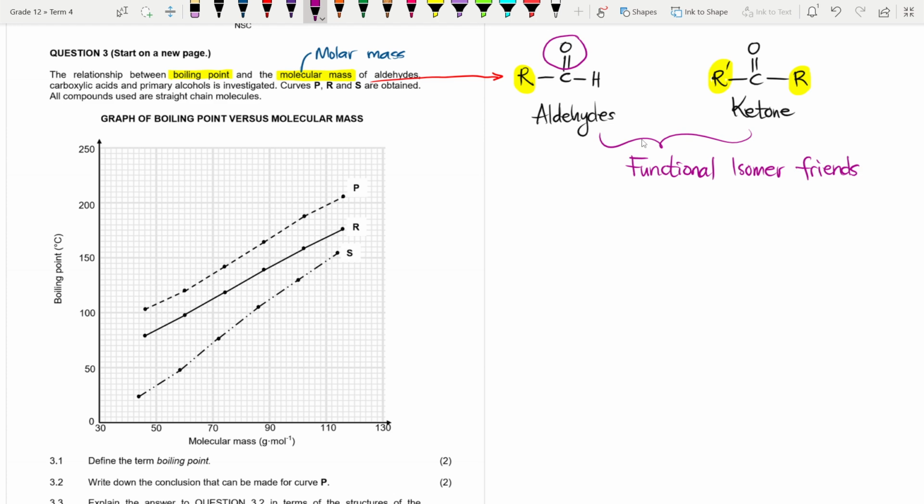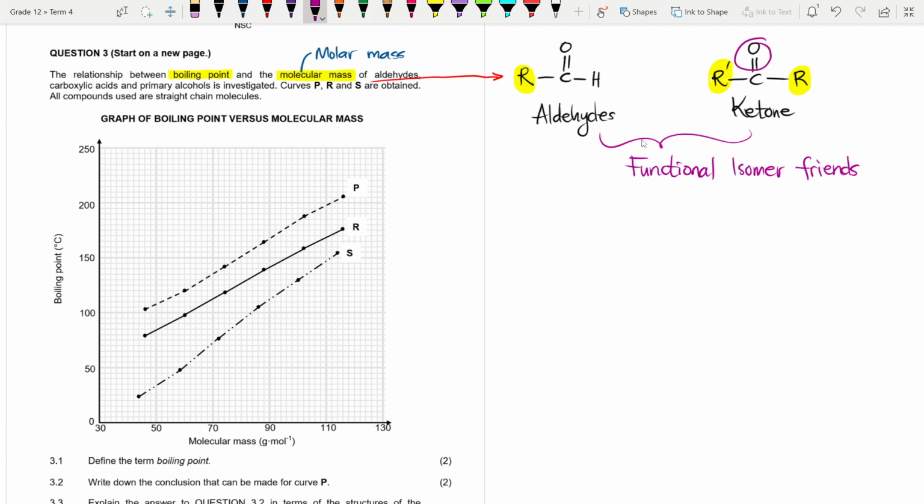But the molecular formula is still exactly the same, and the molecular mass is still exactly the same. So that is a functional isomer. And if I take the double bond O and move it to the end from a ketone, then now I have an aldehyde. So if we move the position of the functional group, we have functional isomers.